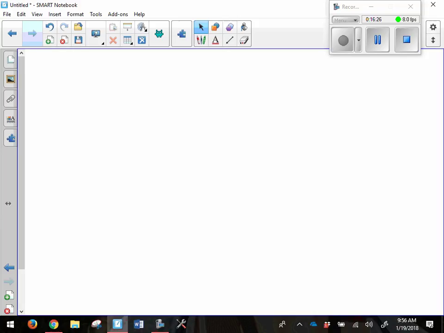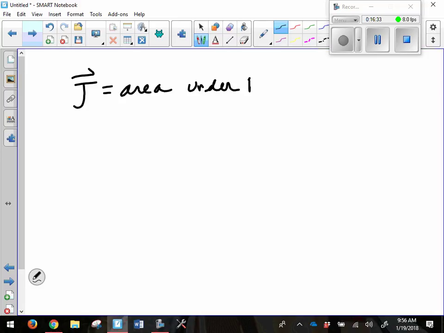So if the impulse J is equal to the area under the f of t curve, then I can figure out that area any way I want. Based on what we've been doing in calculus this week, I can figure it out a whole bunch of different ways.